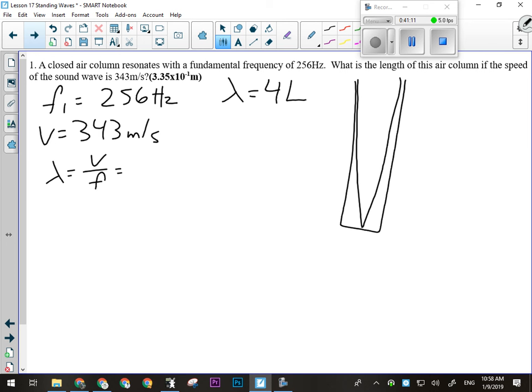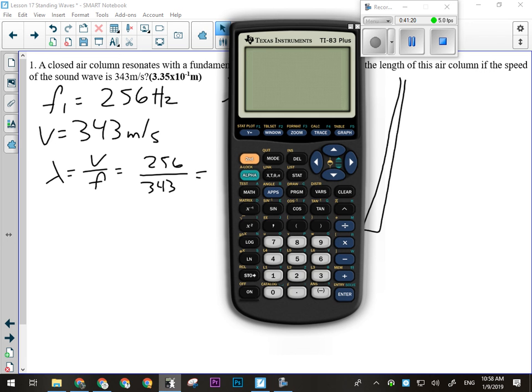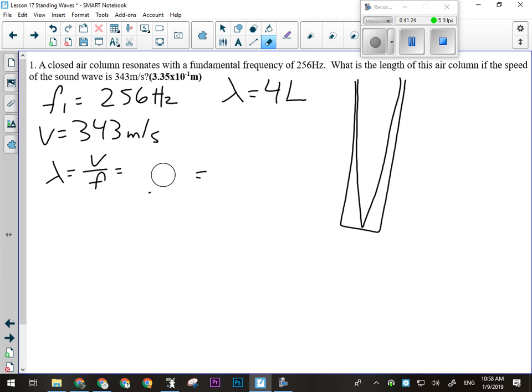So I'll take my v over f, so that'll be 256 divided by 343. Sorry, other way around, I did that backwards. 343 over 256.